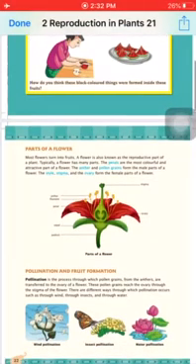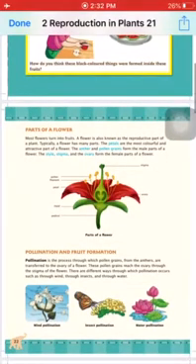Now in this you can see different parts of a flower that are labeled in this picture. First is stigma, ovary, anther, filament, petals, sepal and pedicle.